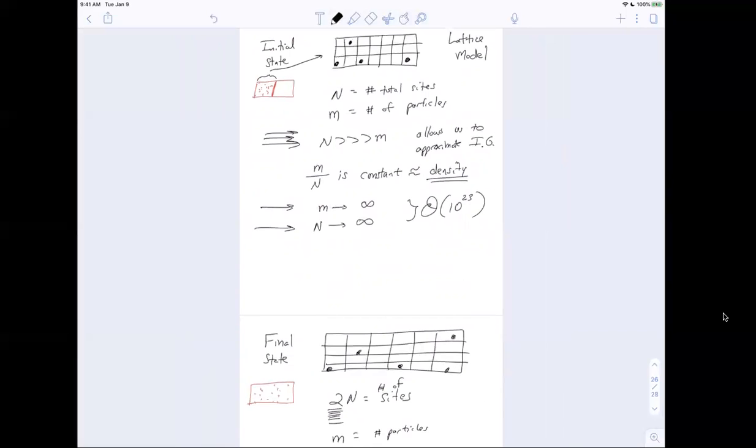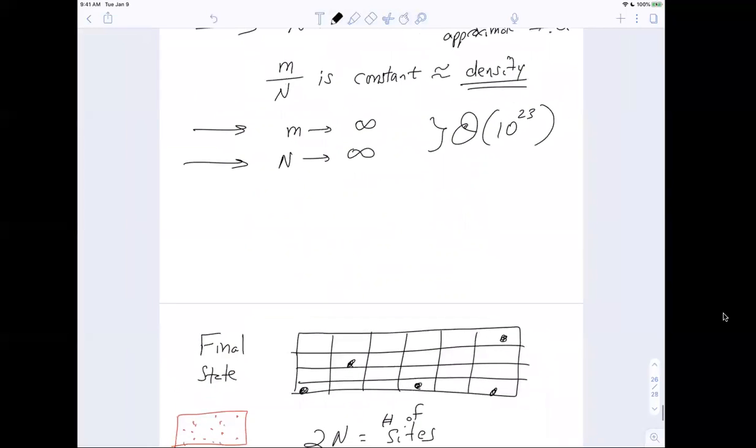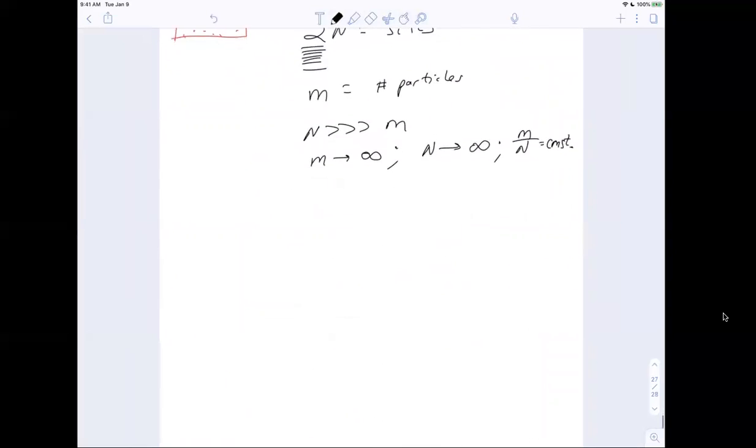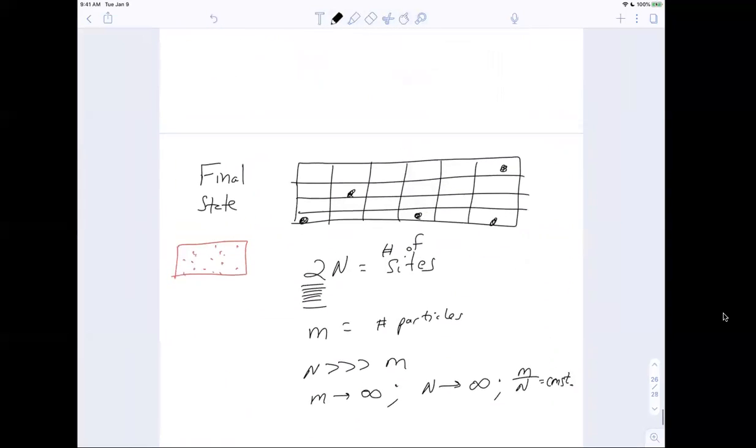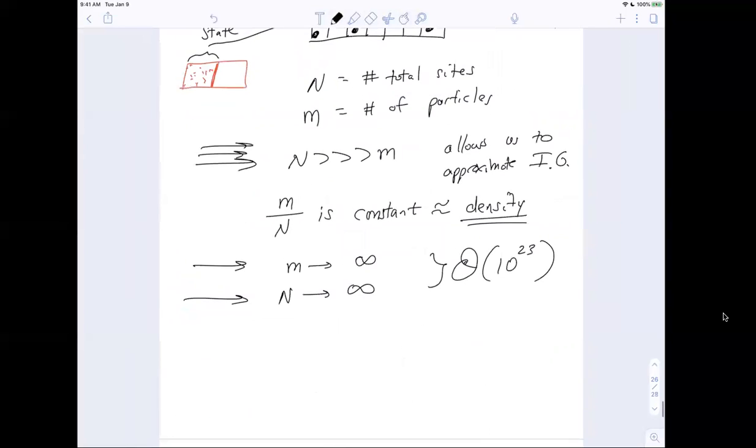All right, so the question we want to ask now is something that I'm not going to motivate, but I'm just going to ask. The question here is, we have n sites and we have m particles. How many ways can we put m particles into n sites?